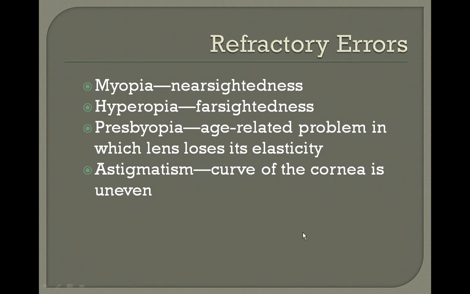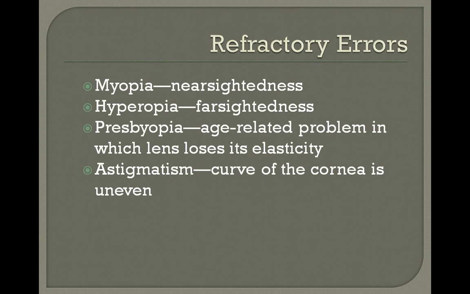With astigmatism, it says here the curve of the cornea is uneven. And so when the person has uneven curvature of the cornea, well, then it causes the person's vision to be distorted.